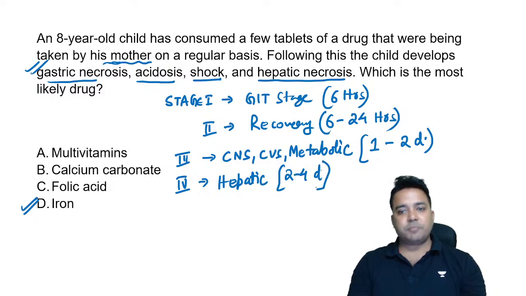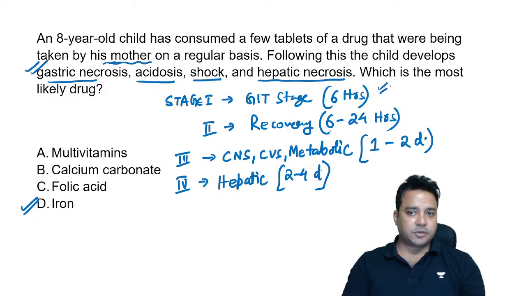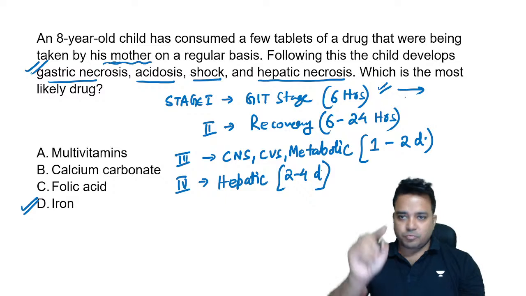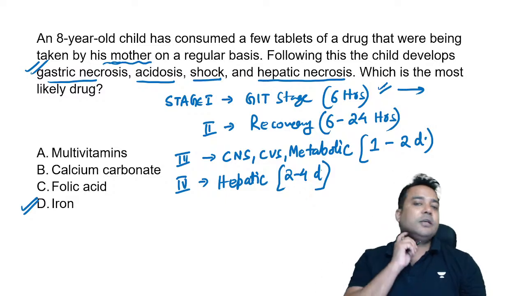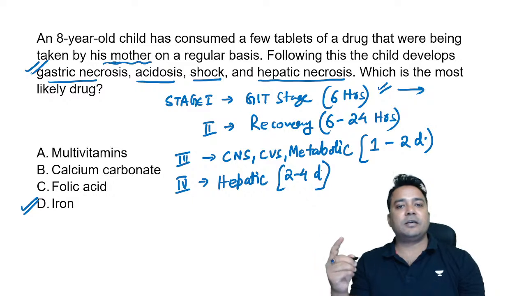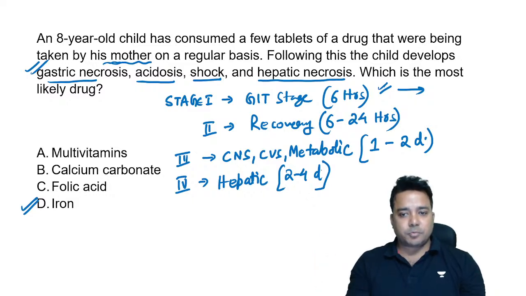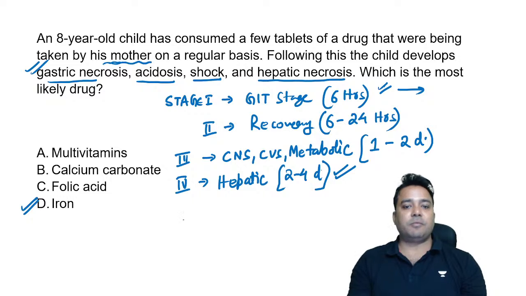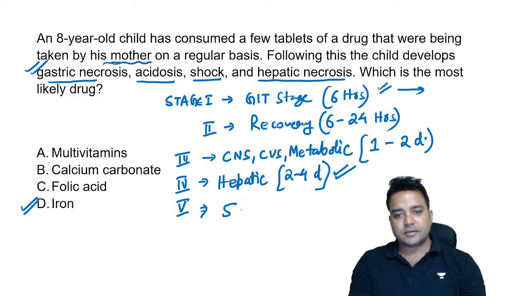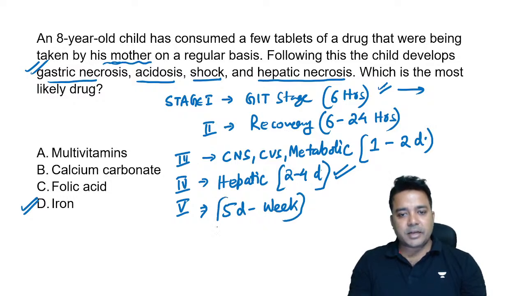What happens now? The GI bleeding in the GIT stage produces products, and heme degradation finally forms bilirubin. The person will present with jaundice-like features and liver damage will be happening.